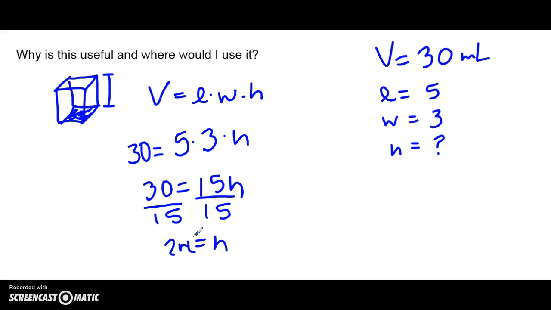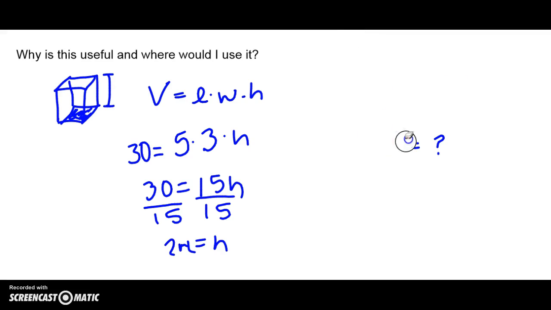So real quickly, I want to grab the eraser and erase all of these numbers and pretend like I don't know what they are. Could I rearrange my original equation, V is equal to length times width times height, and solve for maybe the height without knowing any values?